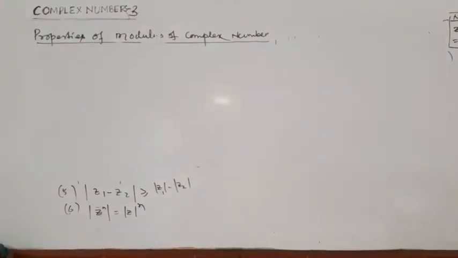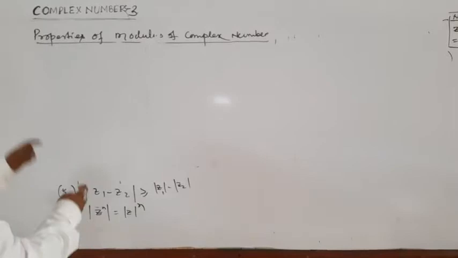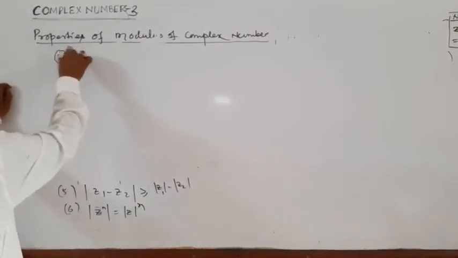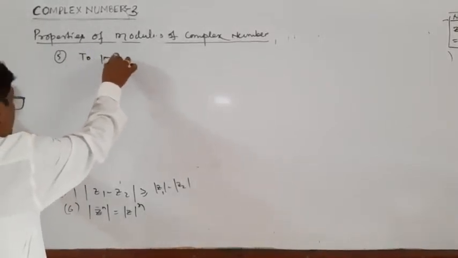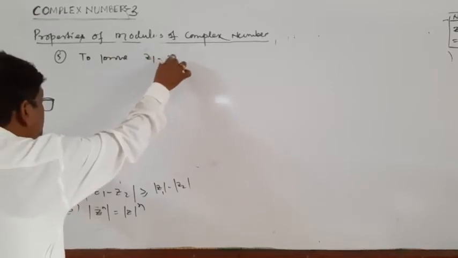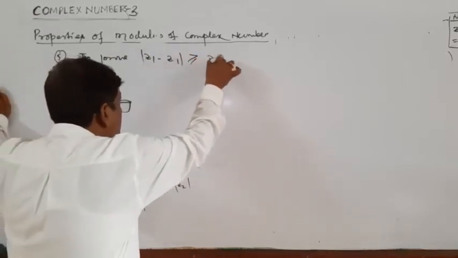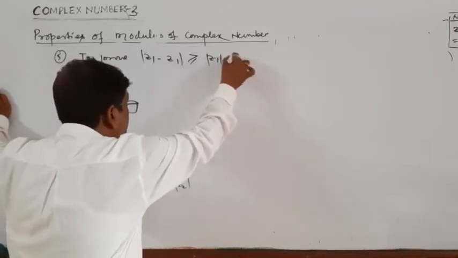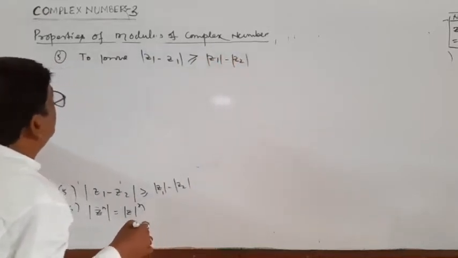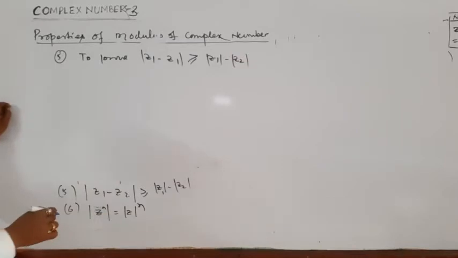Proof of property number 5. To prove mod of Z1 minus Z2 is greater than or equal to mod Z1 minus mod Z2. This can be proved using the triangle inequality.